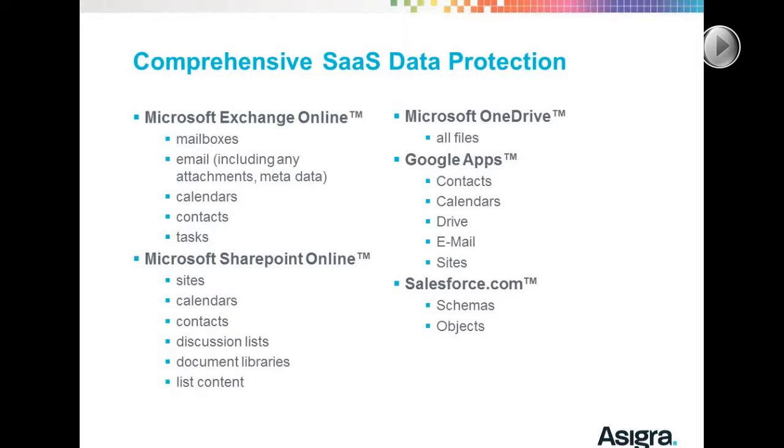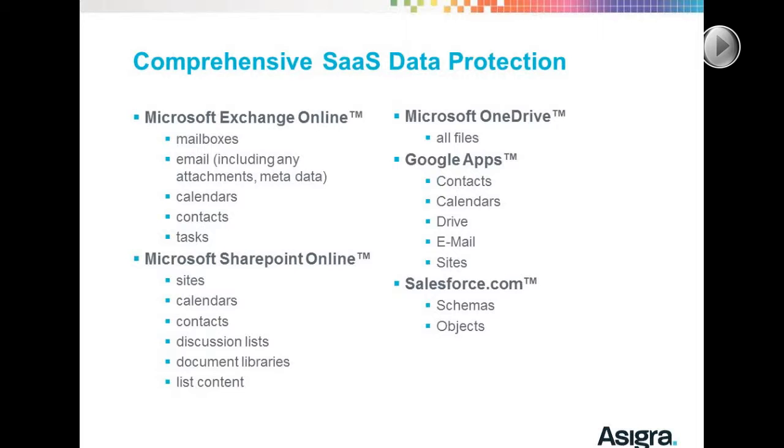So you can, at a very granular level, specify what you want to protect as well as how frequently. So you may decide that your OneDrive you want to back up daily, but your mailbox it's fine to back up weekly. The flexibility is there. The choice is up to you.